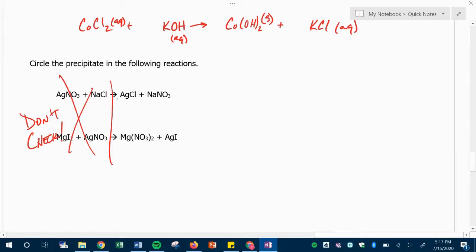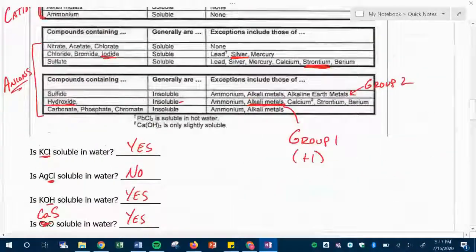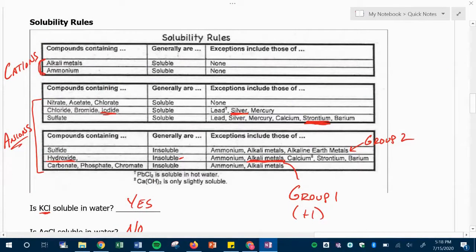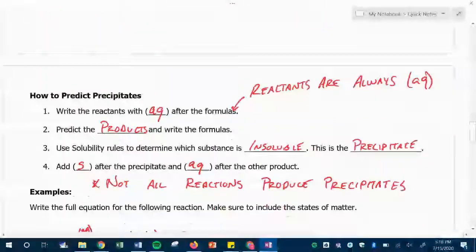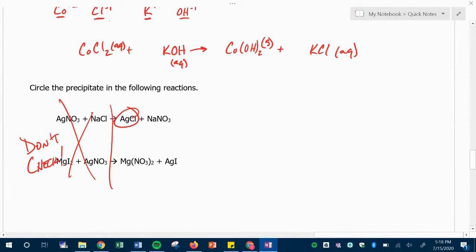All right, let's first start off with AgCl. Ag is silver, Cl is chloride, so let's check our chlorides rule. It says compounds containing chloride, there it is, generally are soluble except silver. We've actually already seen this. So there we go, that means our first one, AgCl, is our precipitate.